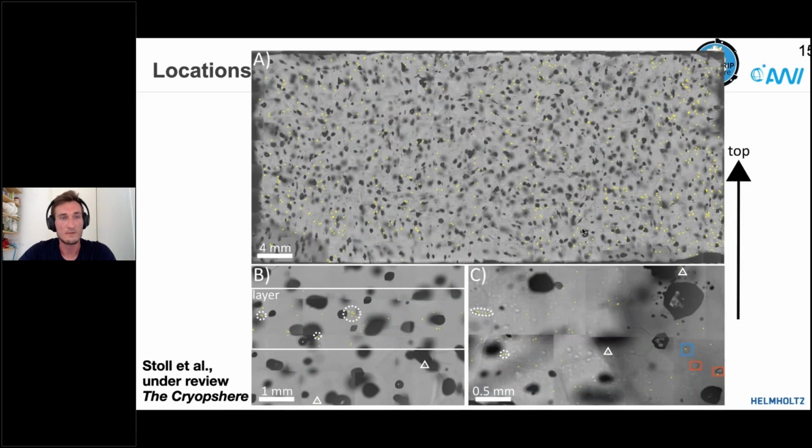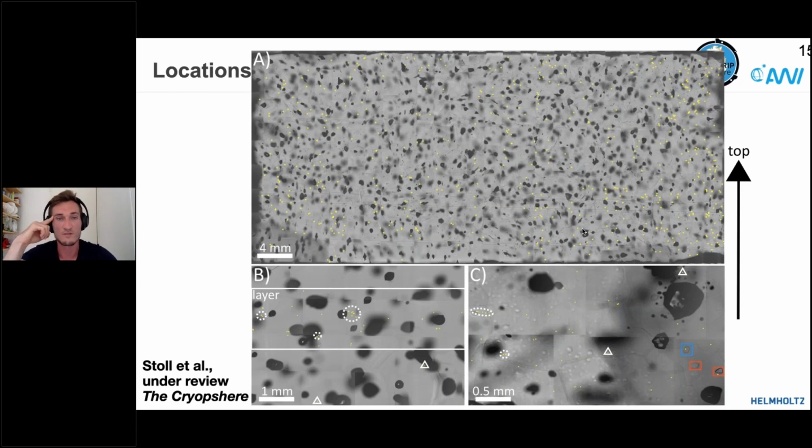Okay, I split this up into locations, so the distribution of those inclusions and the chemistry, and just some results. What we found is that the inclusions are definitely not homogeneously distributed. You have areas where there are quite a lot of them. They build little clusters. You can see on the figure on the bottom left those tiny circles show you clusters of inclusions, and also on the right, those elongated circles or ellipses show clusters of inclusions.